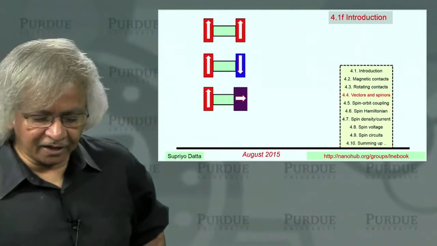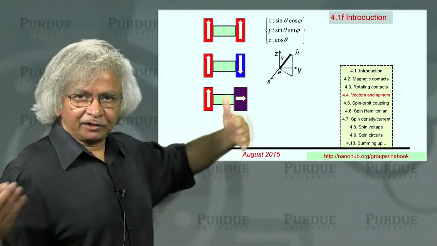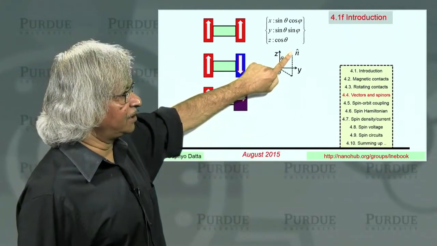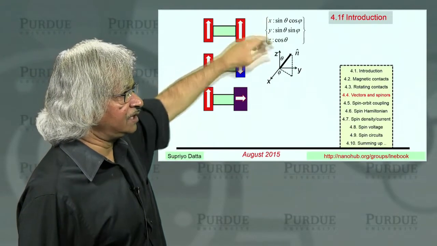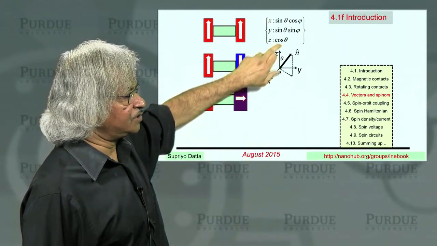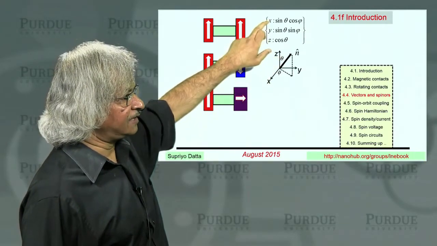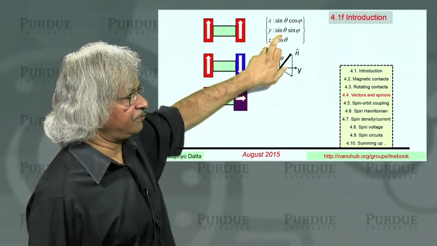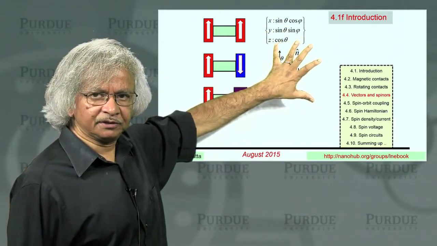Polarization of light is described by vectors, which we learn in vector algebra, that if you have something pointing in some direction, it has these three components, x, y, and z, which you can write as, the z component is cosine theta, the transverse component is sine theta, and then sine theta cosine phi, sine theta sine phi, the kind of thing you learn in vector algebra.